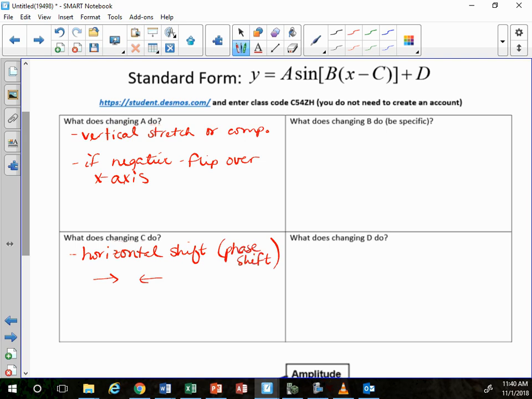All right, what do you think about D? Yes, vertical shift, vertical translation. Basically, it's the up or down.